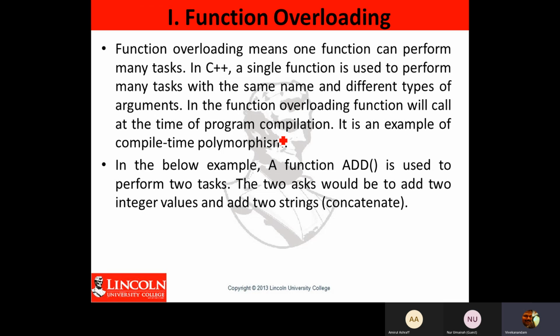Function overloading means one function can perform many tasks. In this case, a single function is used to perform many tasks with the same name and different types of arguments or parameters. In function overloading, the function is called at the time of program compilation. It's an example of compile time polymorphism.